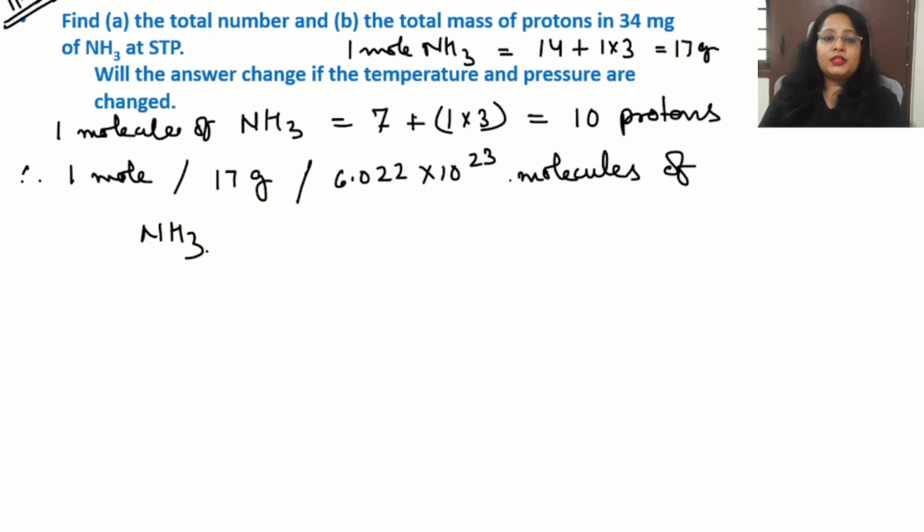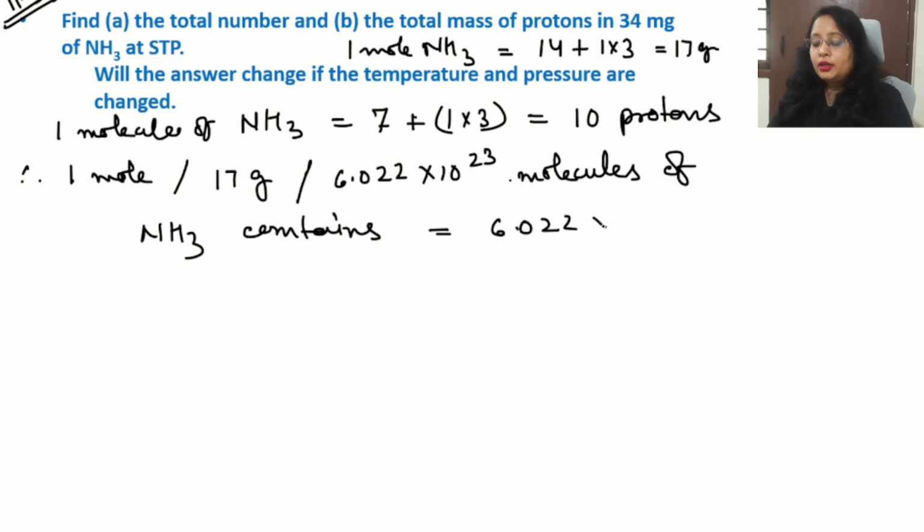So 1 mole of NH3, or 17 gram of NH3, or 6.022 into 10 to the power 23 molecules of NH3 contains, now 6.022 into 10 to the power 23 multiplied by 10, and it will become 6.022 into 10 to the power 24 protons.